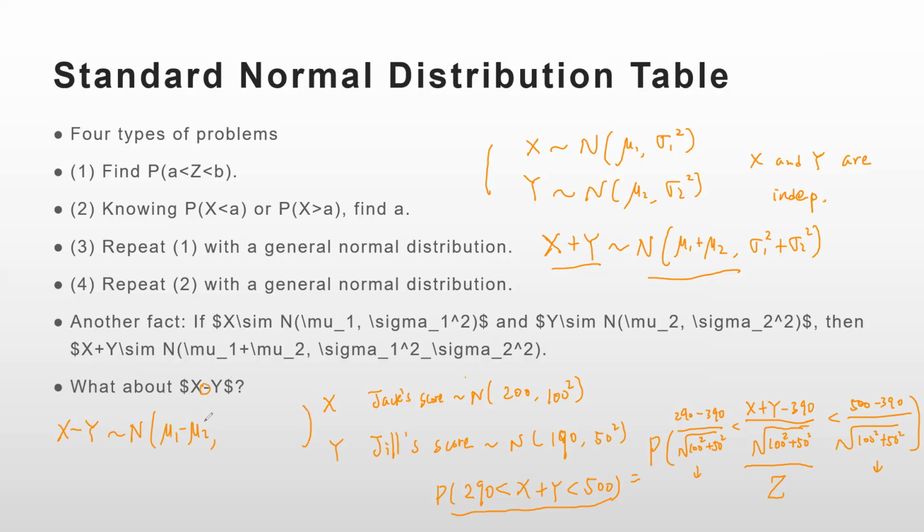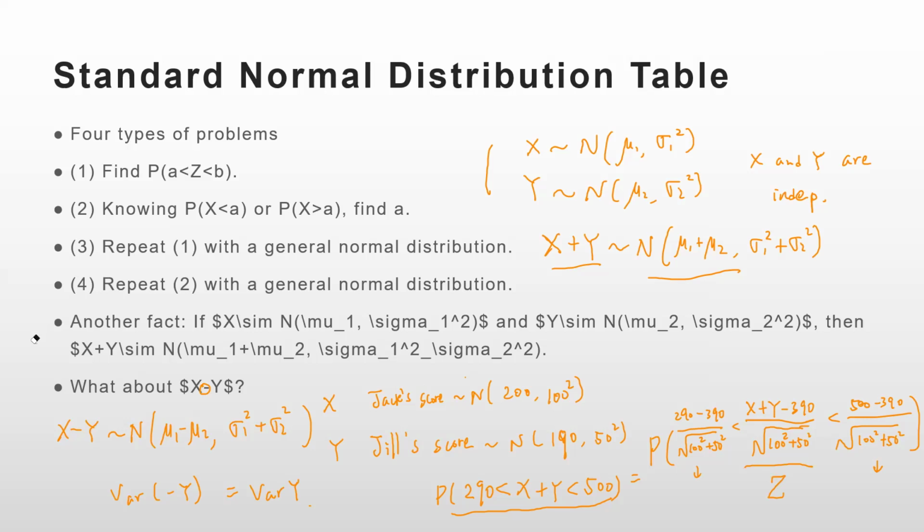Even though you have a minus sign, the variance would still be positive. So it's still adding, because the variance of negative Y is the same as the variance of Y. So you don't put a minus here, because if the variance of X is smaller than the variance of Y, then you would get a negative number, which is not good.